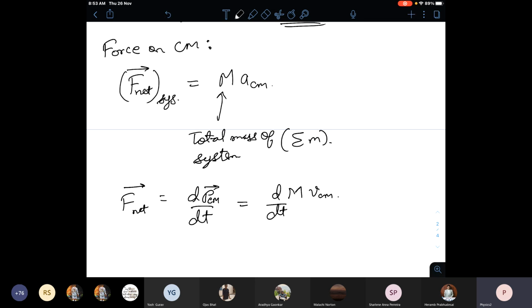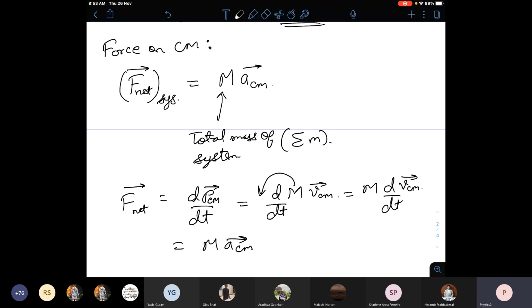So this capital M, the net mass, will jump out, and it will become M times d by dt of V_CM. So from here also you can write that F net of the system can be written as M A_CM.